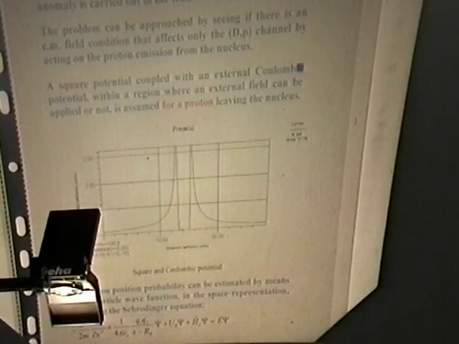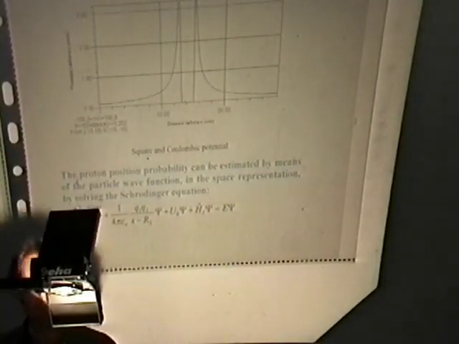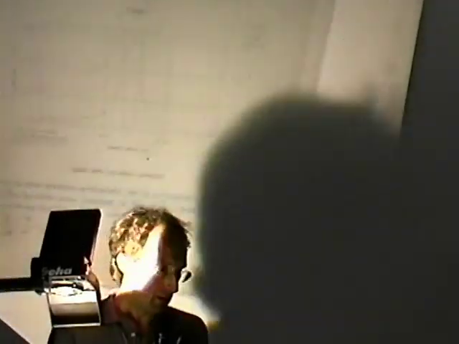We can do that by estimating the probability of the proton position by means of the calculation of the wave function in space representation, solving the Schrödinger equation, where the potential has been built in this way. Here we have this Coulomb potential times the square barrier plus the perturbation that is this electromagnetic field. E is the eigenvalue. So we can have this representation for a system where this perturbation is switched off or switched on and can change intensity.